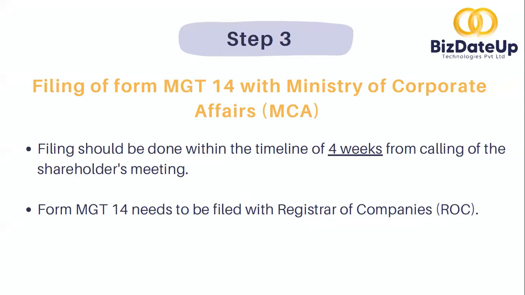So again, this is a time consuming process from the startup company's point of view. Once they file, the ministry takes time to approve this form, and until and unless this form is approved, the company cannot circulate the offer letter to its investors. So this is a very major and important process under the Companies Act.